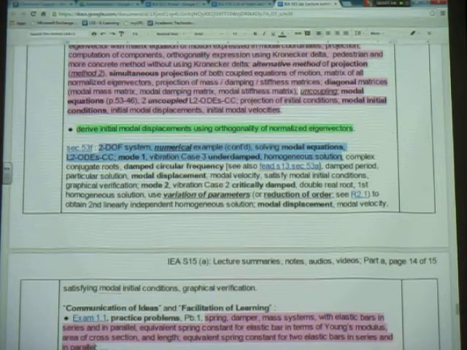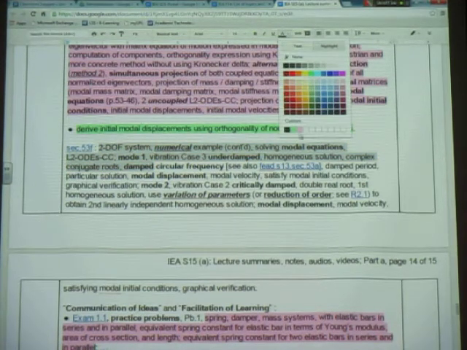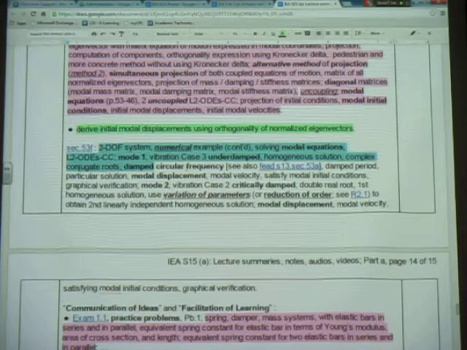I already talked about the homogeneous solution, complex conjugate root, the damped circular frequency. Okay, so this is sort of halfway here. So let me highlight that part.